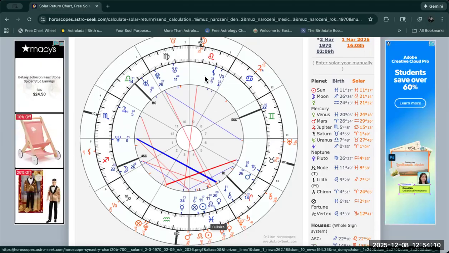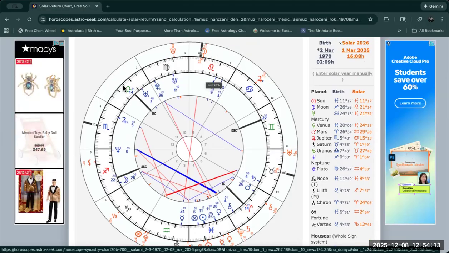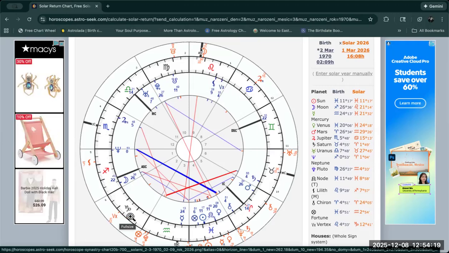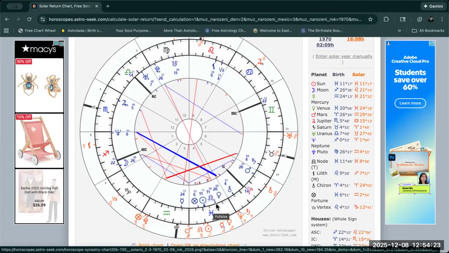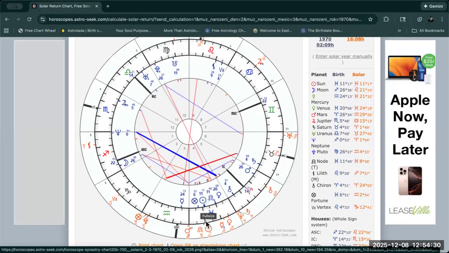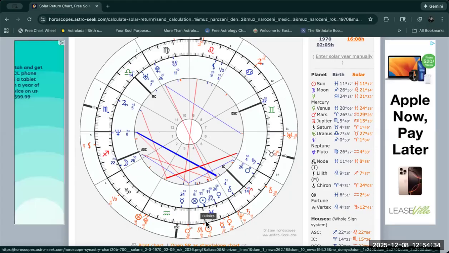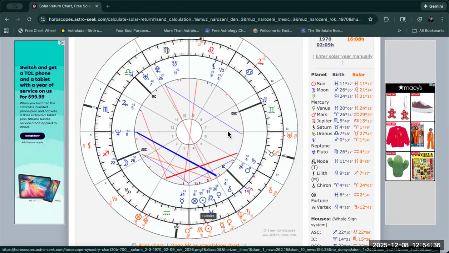So yeah, March, April, May, June, July, August, September, October. So the month of October will be a very prominent month for me in 2026.